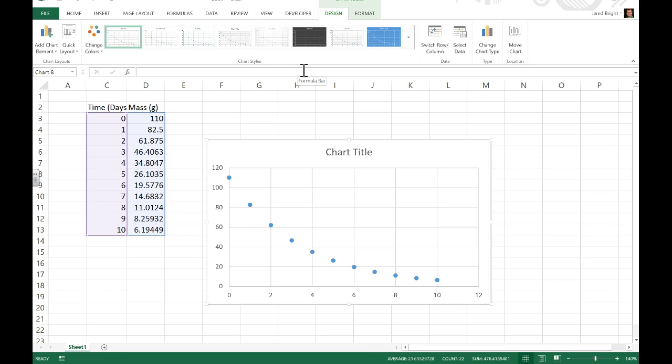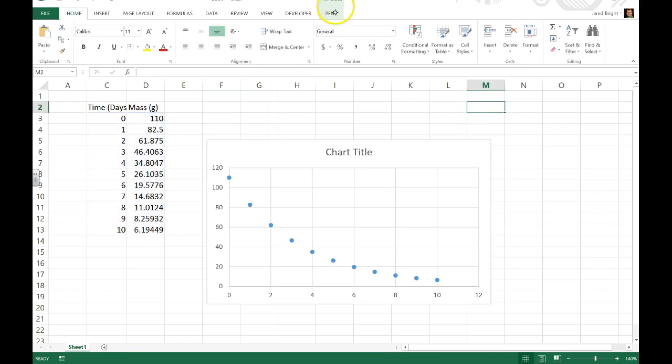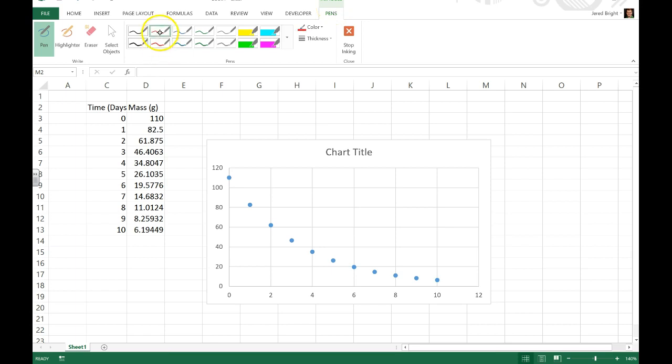Then the question was, what type of model works the best here? Well, if we had a linear model, what we would see is from this initial point, from 110 grams, some sort of straight line occurring. That is not the case. We're seeing something that is not changing at the same rate over time.